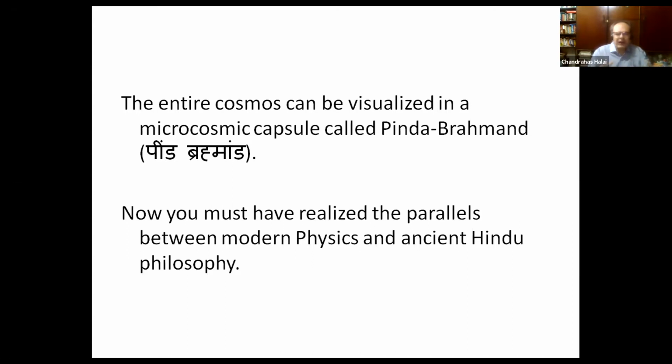That if I make smaller pieces of the holographic film, it still gives me the entire image. It means every fragment contains the information of the whole. And the structure of Brahmand is such that it is holonomic. Every fragment contains the information of the whole. Means it is self-similar. It replicates itself at ever decreasing scales.